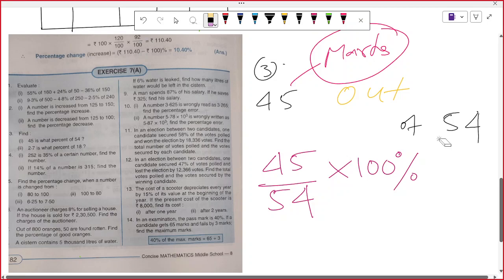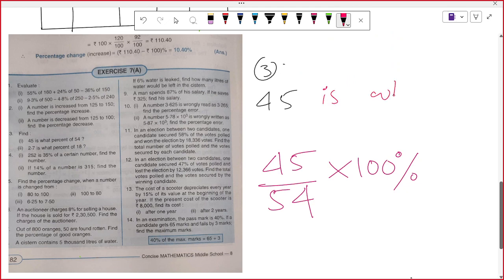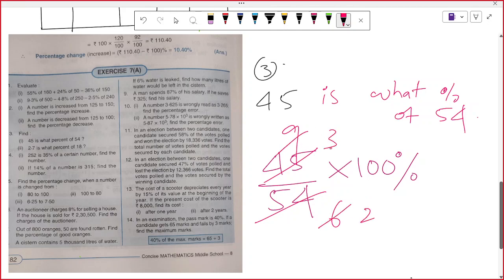What's the answer? So 250 by 3. Convert into a mixed fraction. 9 fives are 45, 9 sixes are 54, right?